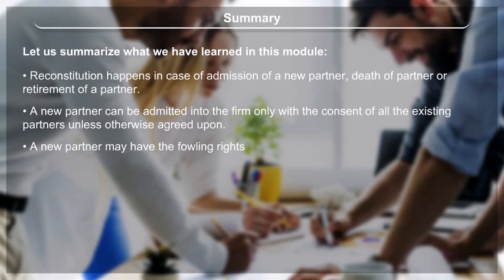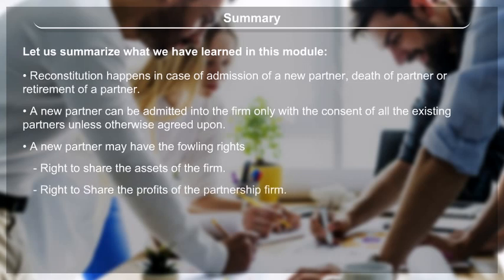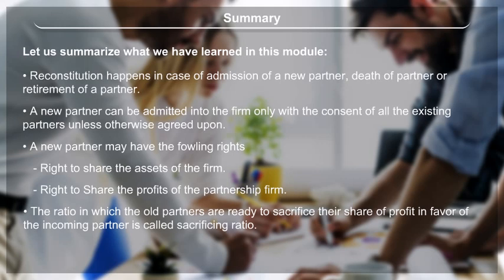A new partner may have the following rights: right to share the assets of the firm, right to share the profits of the partnership firm. The ratio in which the old partners are ready to sacrifice their share of profit in favor of the incoming partner is called sacrificing ratio.